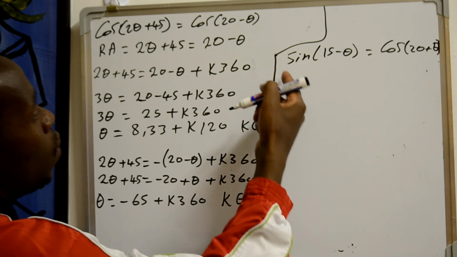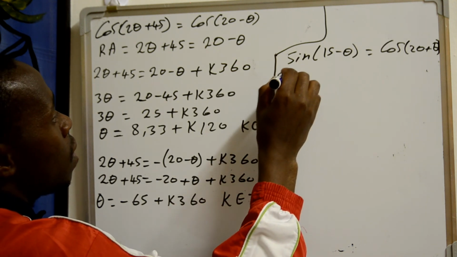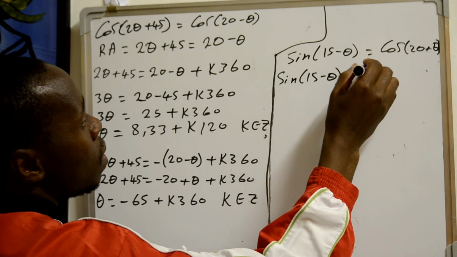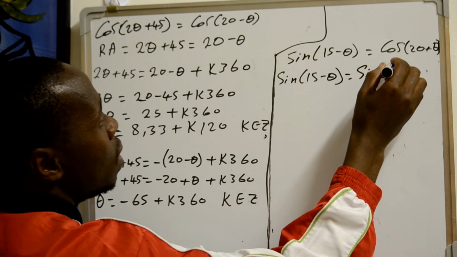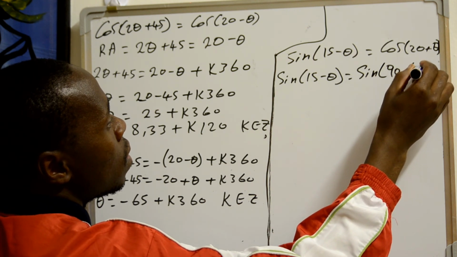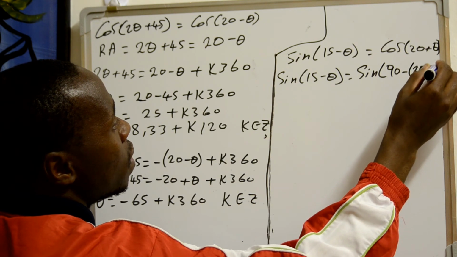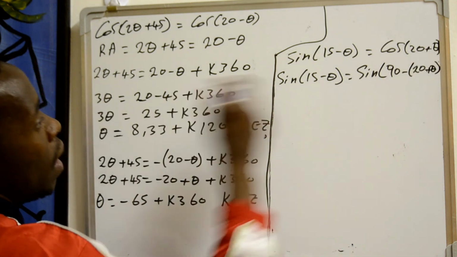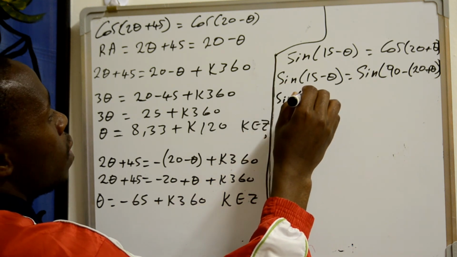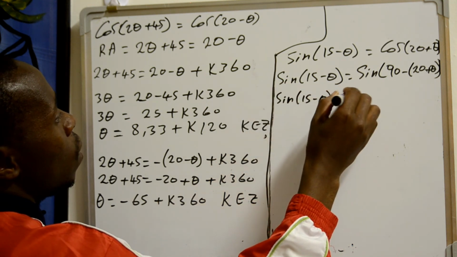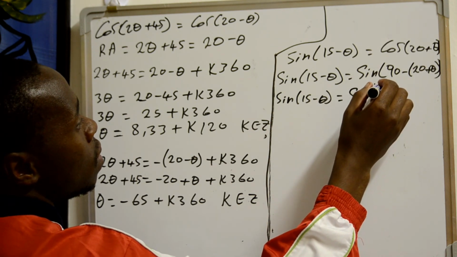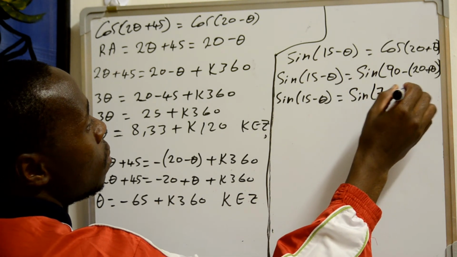So that means here we can write this in terms of sine. Sine 15 minus theta equals sine of 90 minus 20 plus theta, using the formula, which is sine 70 minus theta.